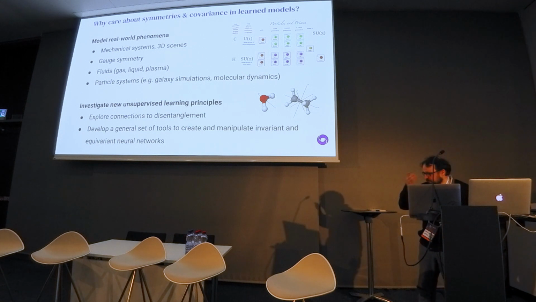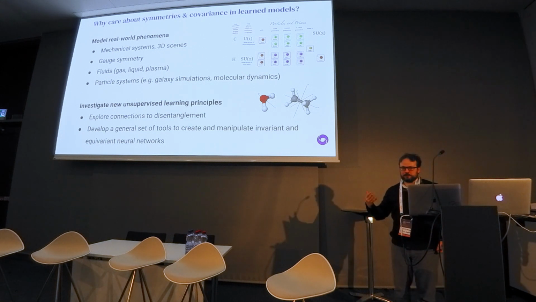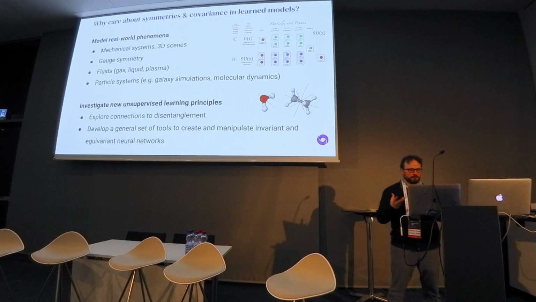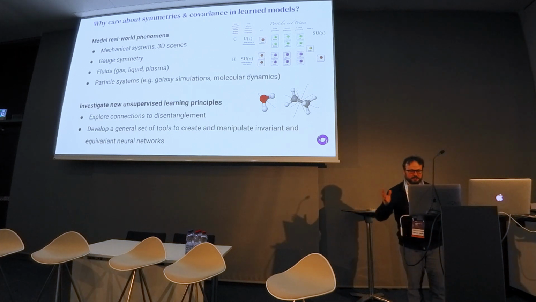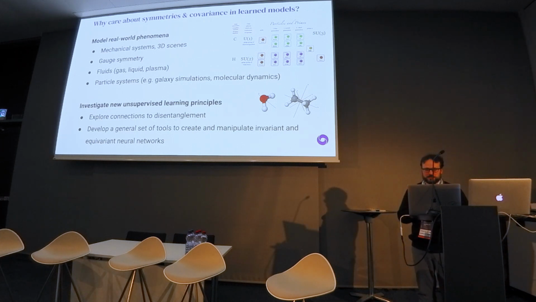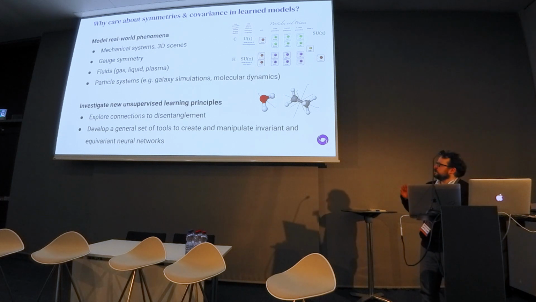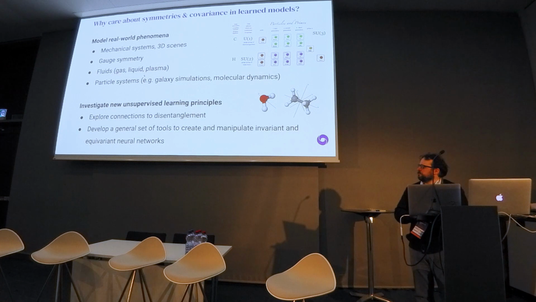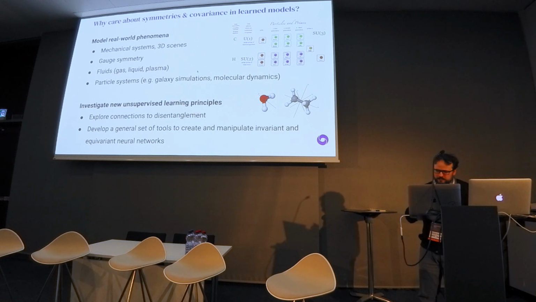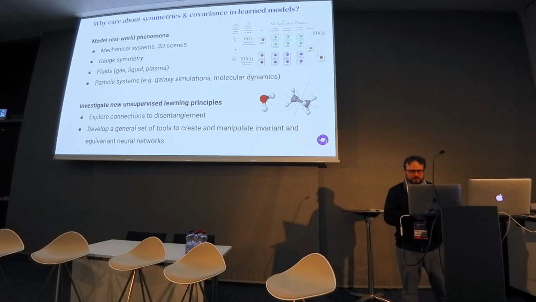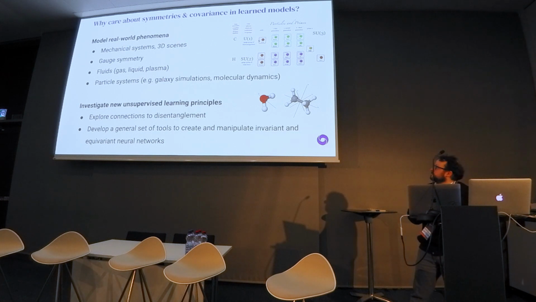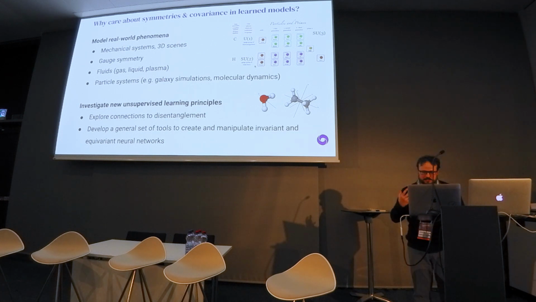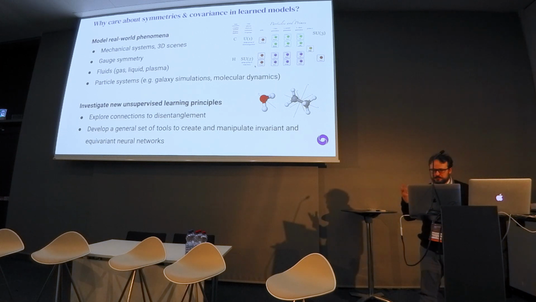So my motivation is that as you think about applying machine learning to real-world phenomena, and also just purely in terms of machine learning, obviously there is a huge amount of domain knowledge in various areas where you might want to apply machine learning. In particular, in fundamental physics, in particle physics, there's a very nice story in terms of symmetry groups and the symmetries of nature.